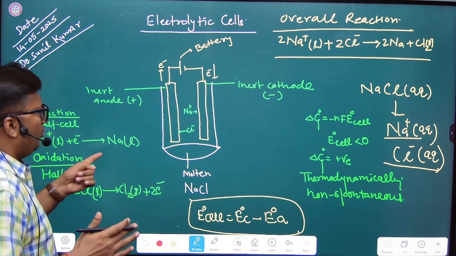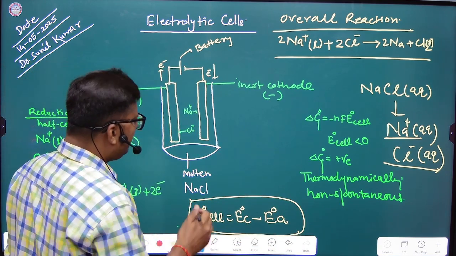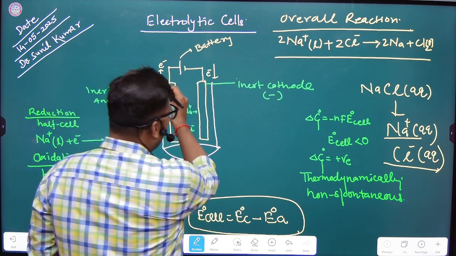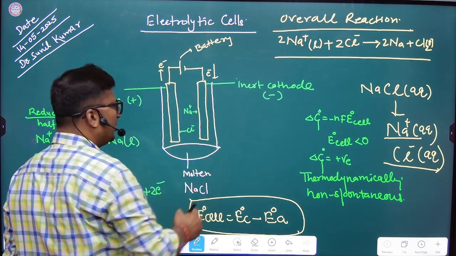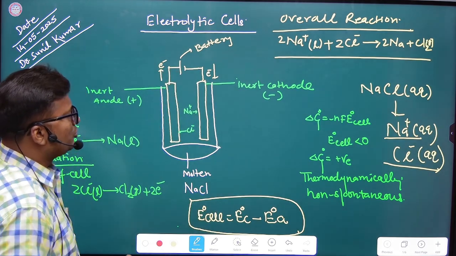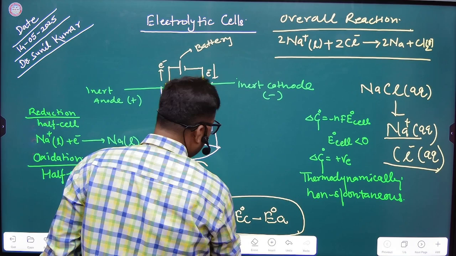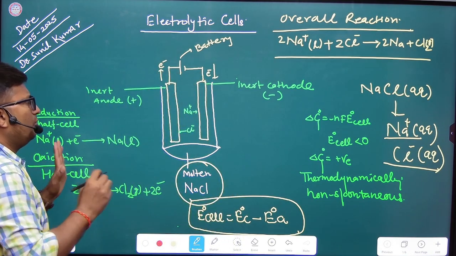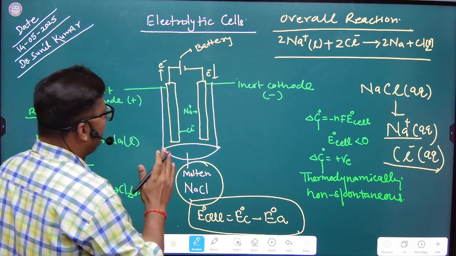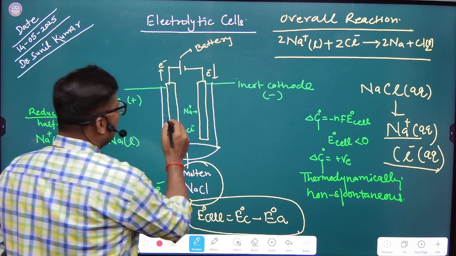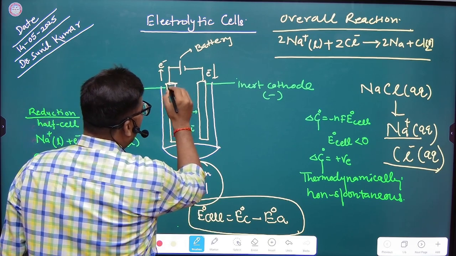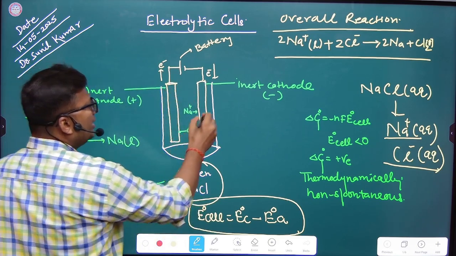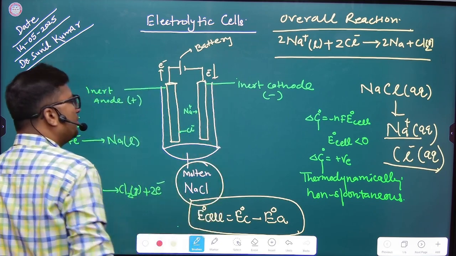So what happens here? We just take one container containing molten sodium chloride, right? So this is molten sodium chloride. Now we just dip two inert electrodes. So this is the first electrode and this is the second electrode.